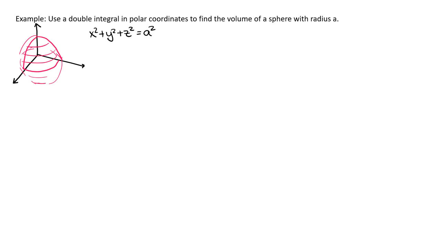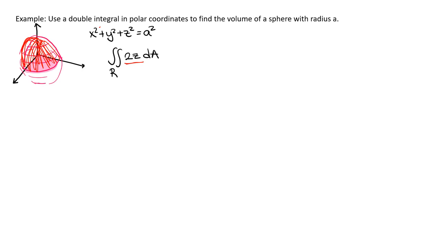And so I want to set up a double integral that'll describe the volume of this sphere. And so what I'm going to do, because I know that the top half of the sphere and the bottom half of the sphere have the same volume, I'll just integrate the heights on my top half, and then I'll just multiply that by 2, and that'll account for the bottom half of the sphere.